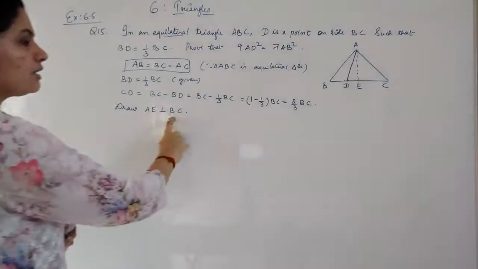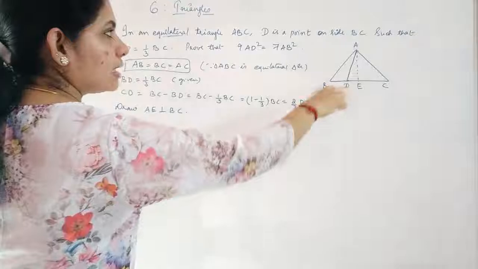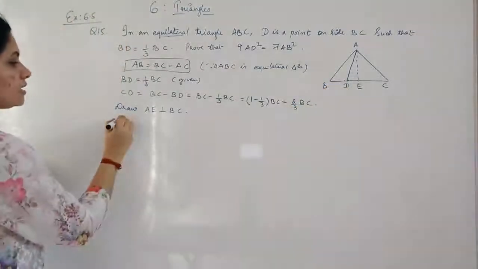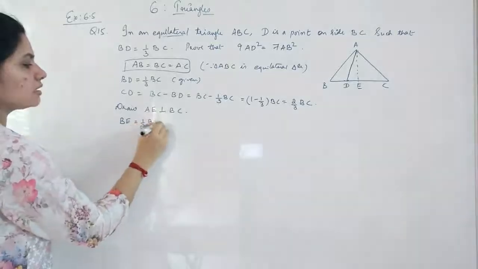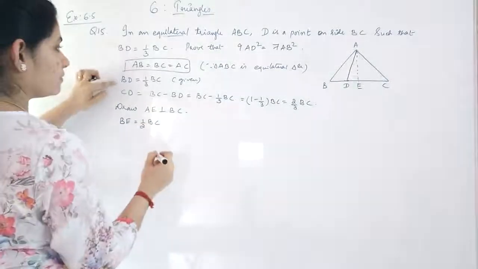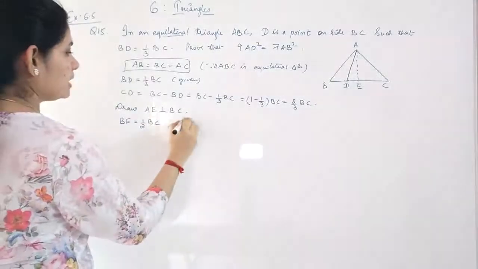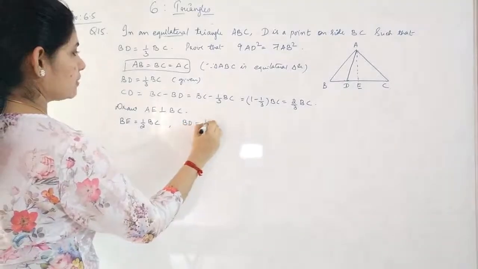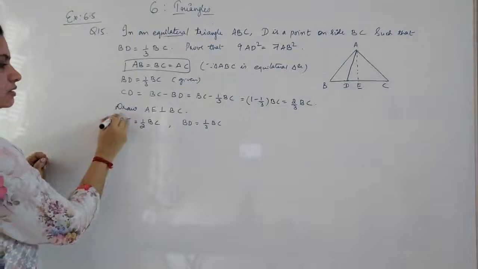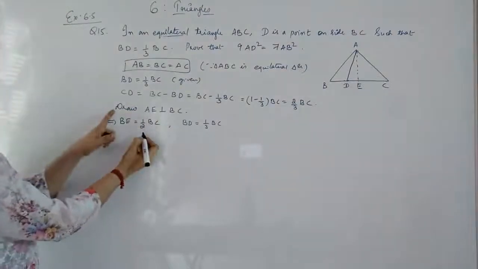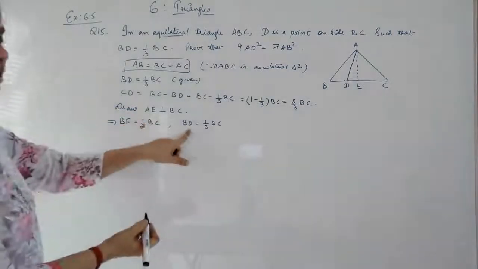Now since AE we have drawn perpendicular to BC and it is an equilateral triangle, you can say that BE will be half of BC. And already we also have BD, which is 1 by 3 of BC. This is given. So these things we got from your construction, and this is already given in the question.